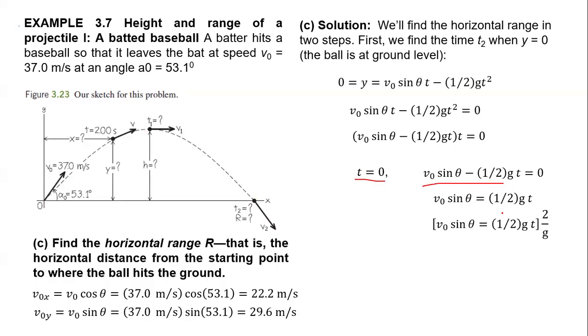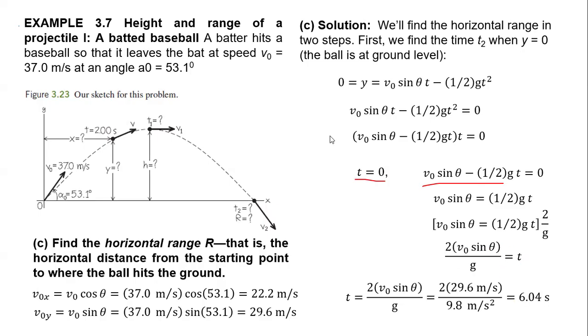So solving for t, you can multiply both sides by 2 over g. So the right hand side will be t and the left hand side will be 2 times v sub o sine theta over g. And if you do the calculations, then your time is 6.04 seconds.